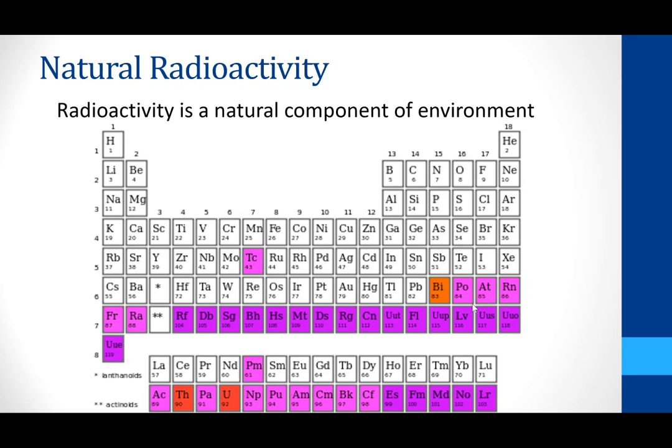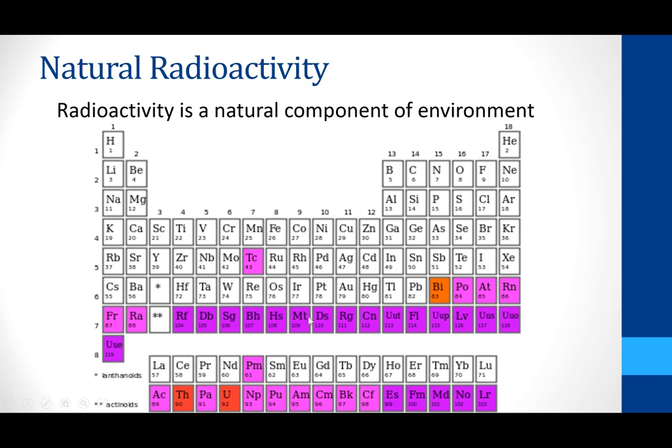So this idea of radioactivity, this idea of unstable isotopes emitting some sort of radioactive particle, is just a natural component of the environment. Of all of the elements on the periodic table, element 83 and any of them that are bigger than 83, so down on the periodic table, are all going to undergo radioactive decay naturally.